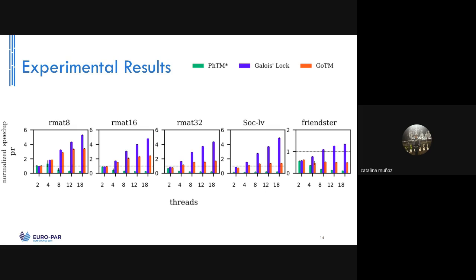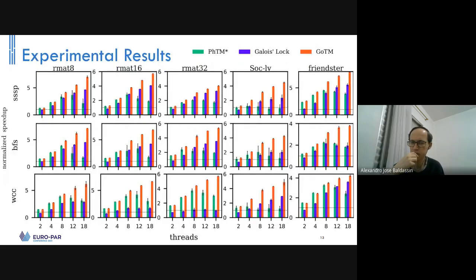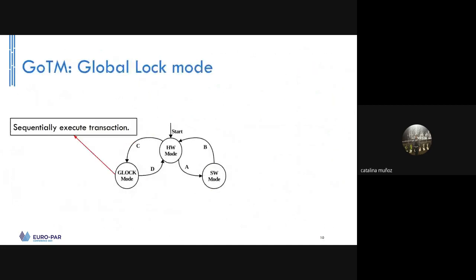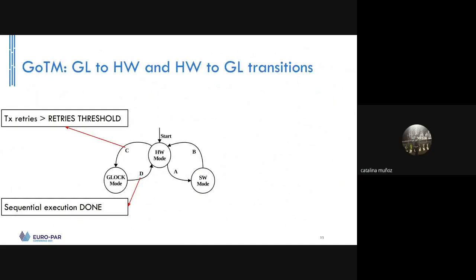So what about also adding Galois into that automaton? If you discover at runtime that either software or hardware or both are doing badly, you just somehow go to Galois, like a fourth execution mode.